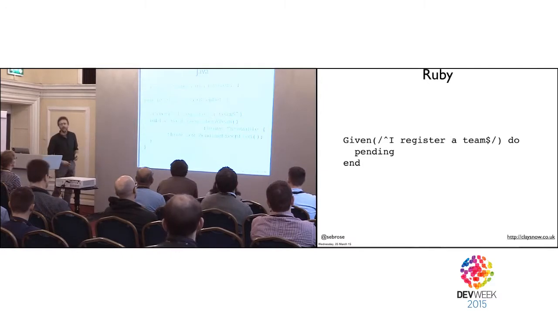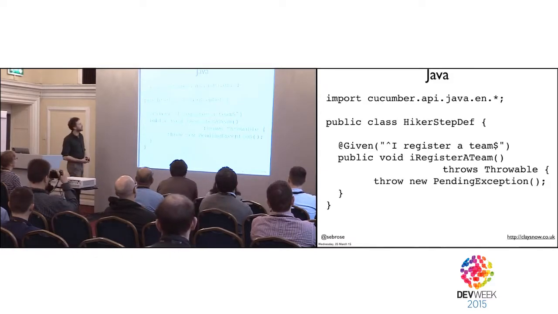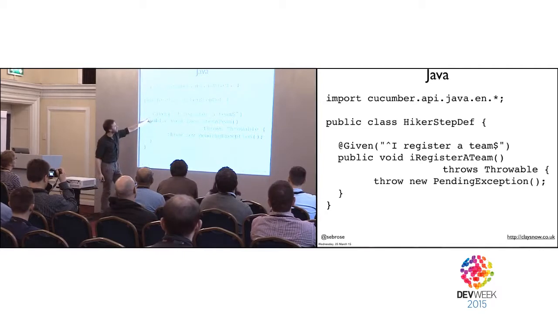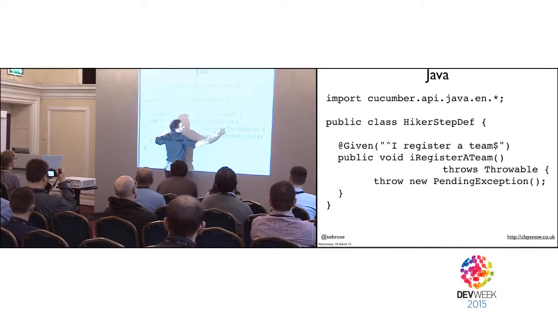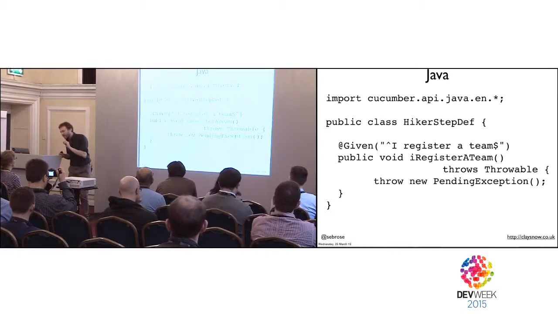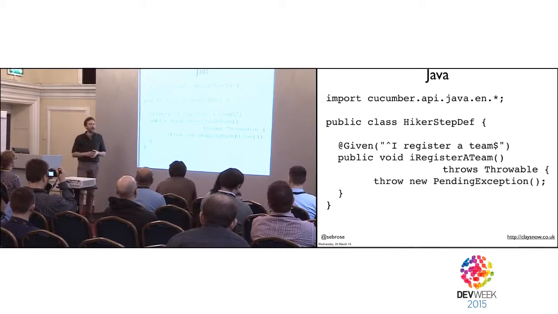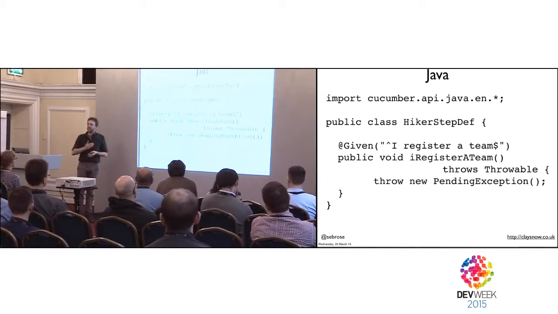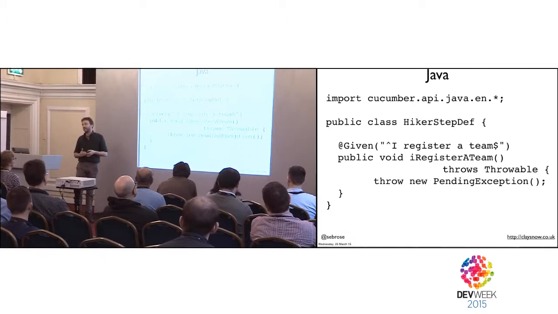In Java, it's slightly more verbose. Strange that. However, same sort of thing. We've got this given. Now it's an annotation. We now have a regular expression, but it's in quotes, so it's a string. This has some slight problems. Java, within a string, treats backslashes as an escape character.